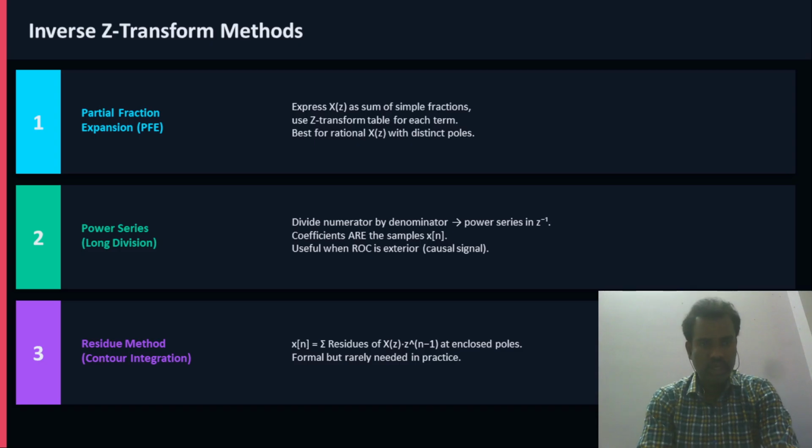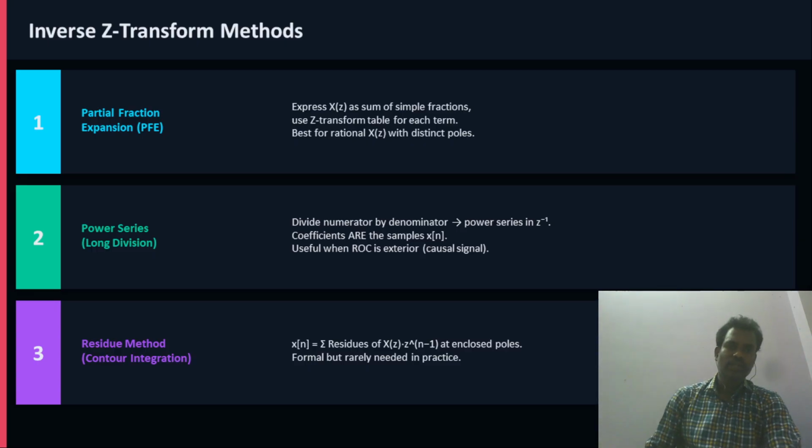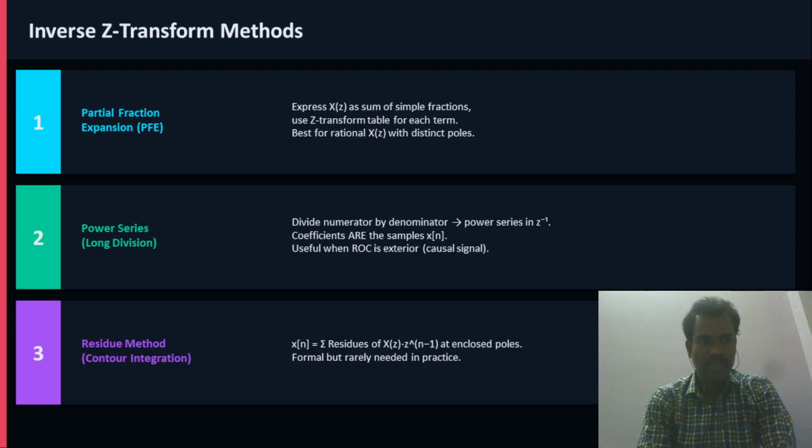The next one is the inverse Z transform. We know the inverse Z transform formula: 1 by 2 pi j times the integration of X of z into z power n minus 1, so we calculate the residues. It can be calculated directly by solving the integration, or by using some methods.